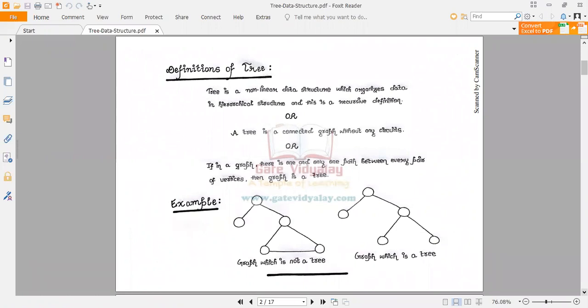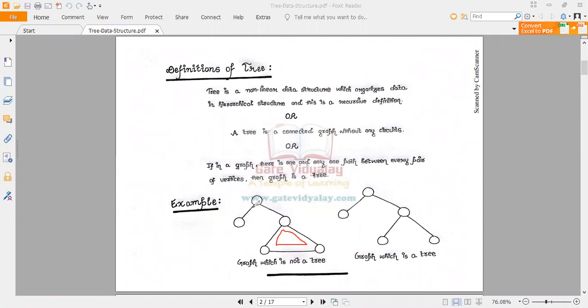So we can say that a tree is a connected graph without any circuits. If you are completing a circuit, you can check in example 1 here. The circuit has been completed here, and all the nodes are connected to each other.